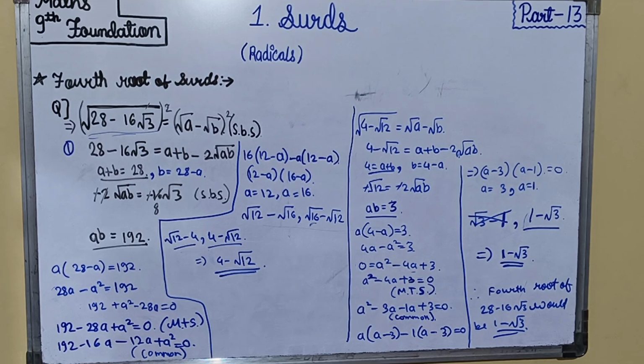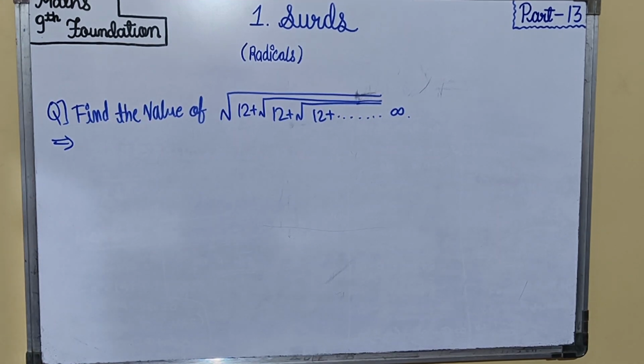So let's start. This is our question: find the value of root 12 plus root 12 plus root 12 plus so on to infinity. This might look like a tricky question, but it is easy.